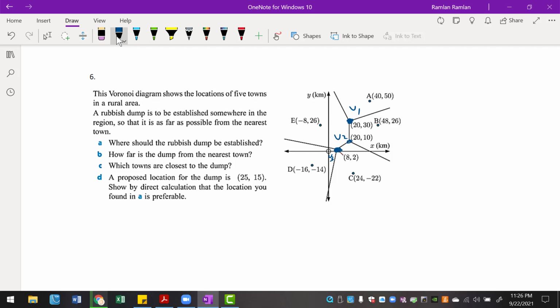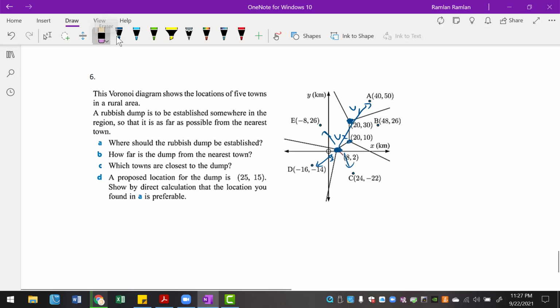Again, point A is going to be quite far, but V3 is going to be close to D, or C, or E. So it's not a more average distance to all of the sites here.